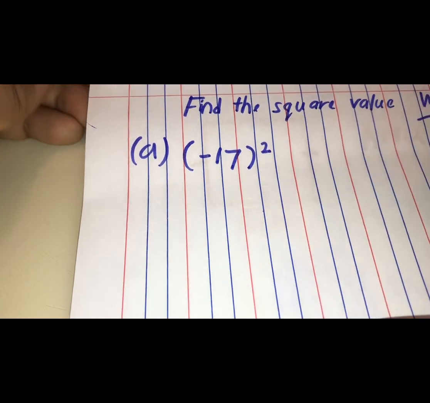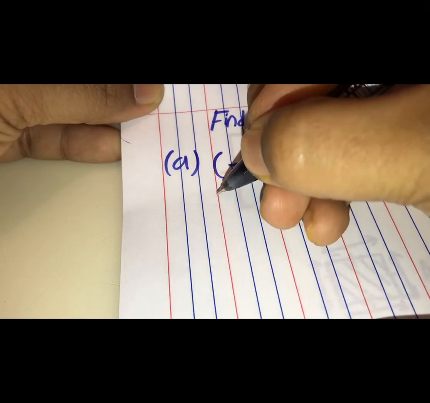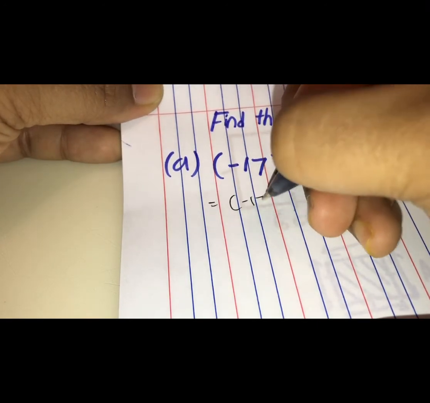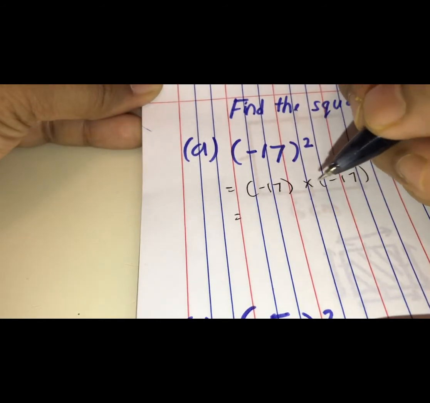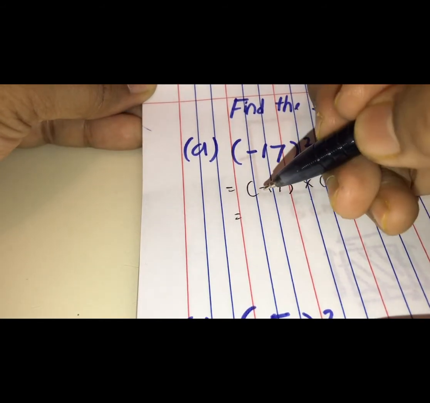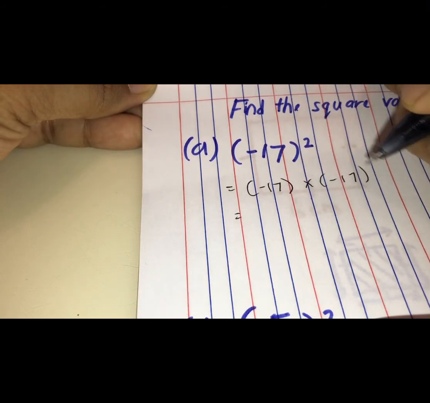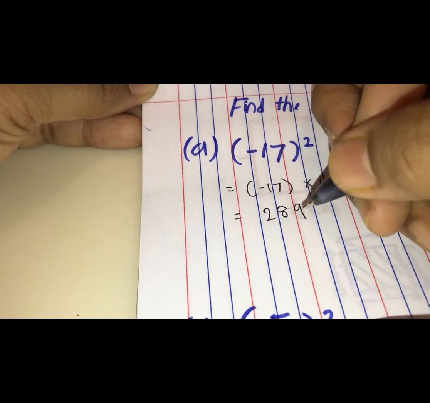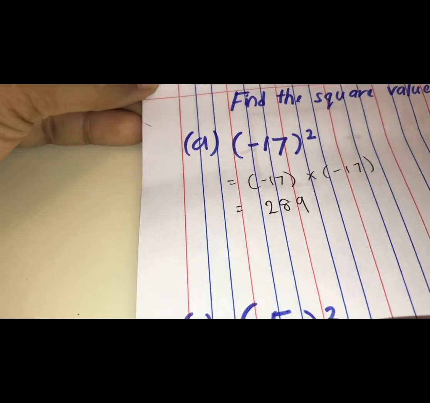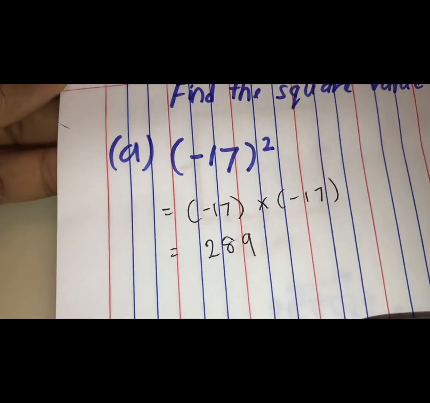Negative 17 square equals negative 17 times negative 17. Your final answer must be a positive value, because negative times negative is positive. 17 times 17 you get 289. You cannot just write the answer, because the question asks you to find the square value without using a calculator. So you must write the working like this.